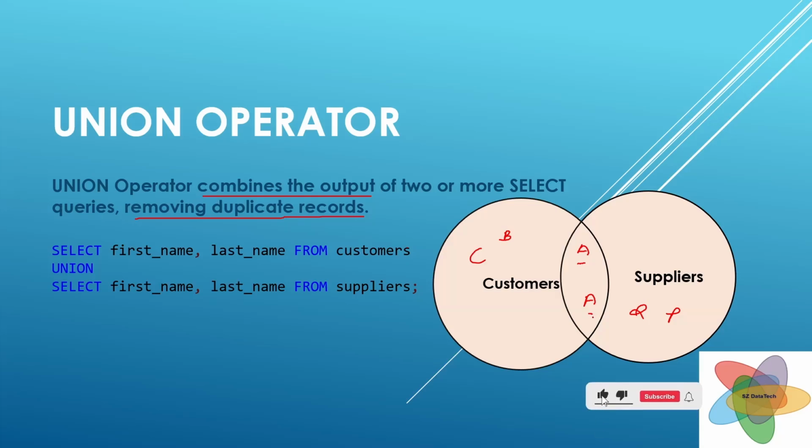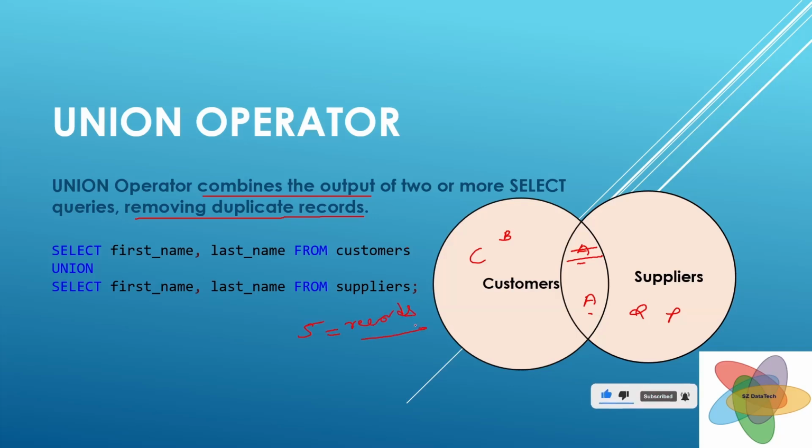That's the reason that when we use the union operator, it removes duplicate records, so this A would be removed and only one A would be kept. So in our result output, we will get 1, 2, 3, 4, 5 records.